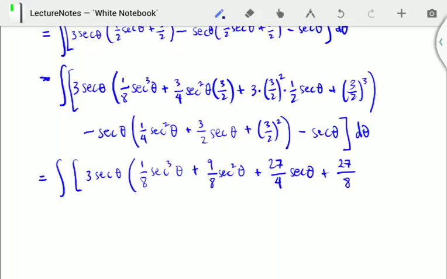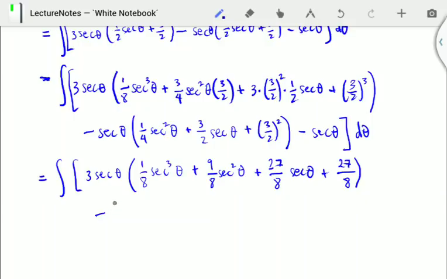27/8. Let me recheck, I made an error there. This should be 27/8 because this is 2 squared times 2, which is 4 times 2. We have to be careful with our algebra here. That's our only enemy here. So here we have minus. Let me distribute now the sec here.